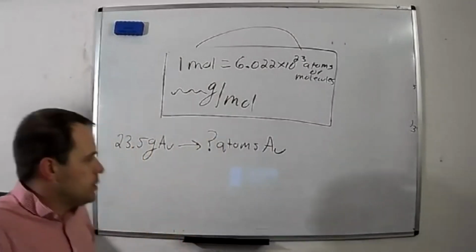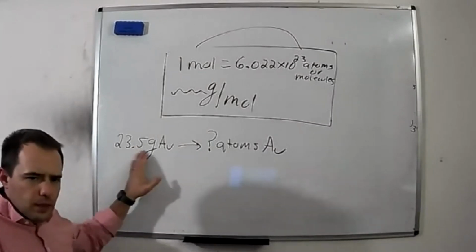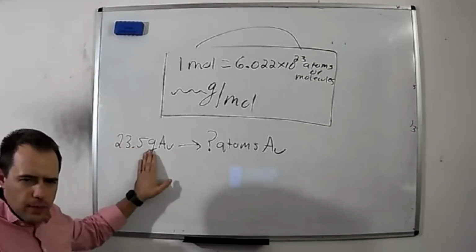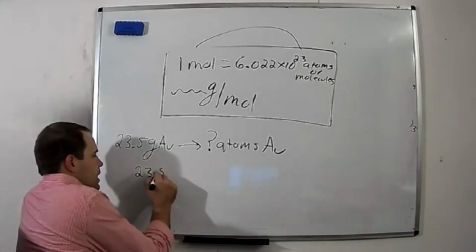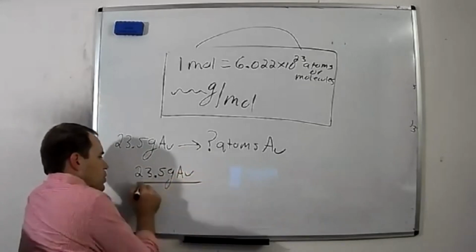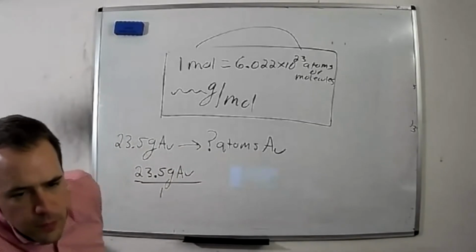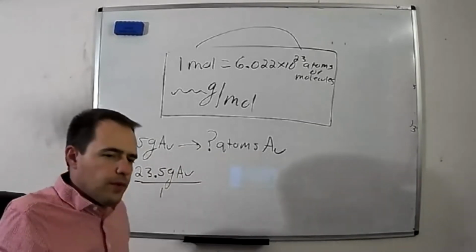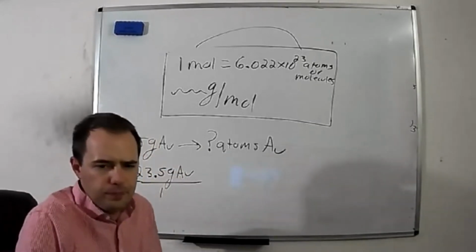So the first thing we want to do in any one of these problems is to take the number and the unit, 23.5 in grams, and put that over 1. So 23.5 grams of gold over 1. If you do that, as always, I will give you a point just for getting the problem started. Because what I've found over the years is people just leave them blank.